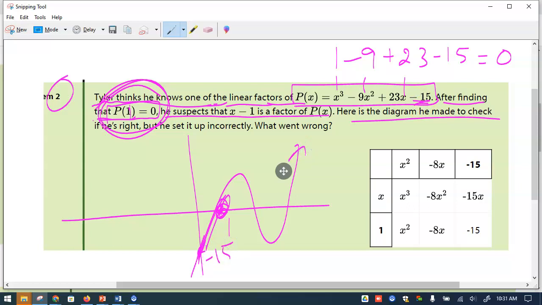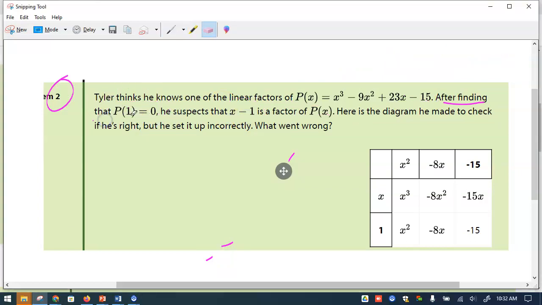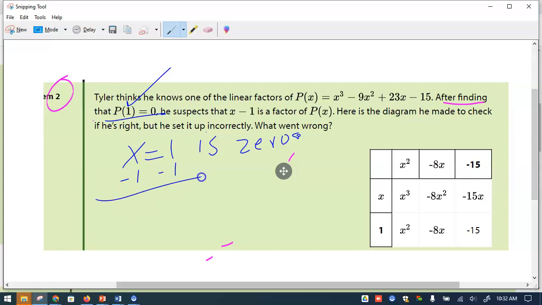So he thinks x minus 1 is a factor, which means one of the zeros is 1. That means x equals 1 is the x-intercept, and the graph crosses the x-axis. When I subtract 1, you see x minus 1 is 0. So this is the factor.